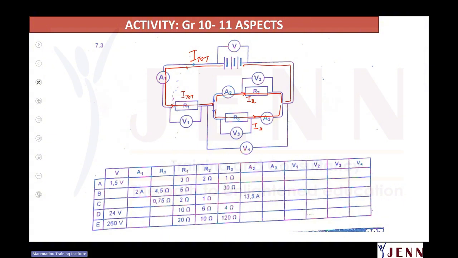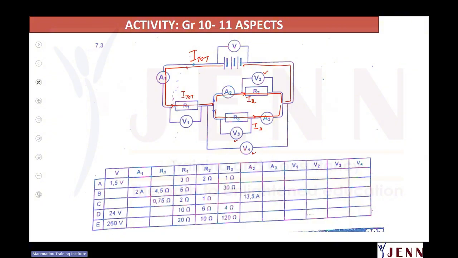That means R2 and R3 are connected in parallel. Because they are in parallel, the potential difference in V2, V3 and V4 are the same. This is a parallel connection.